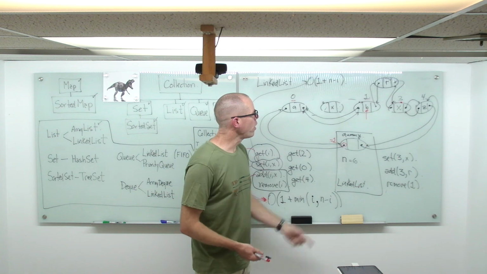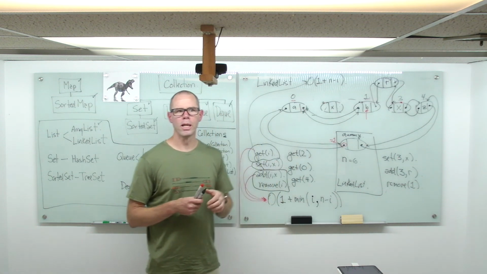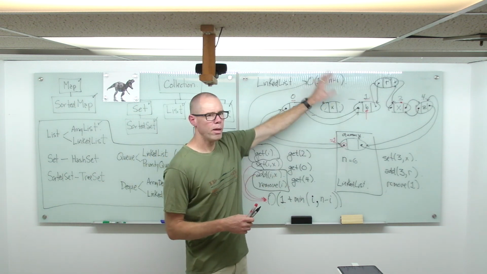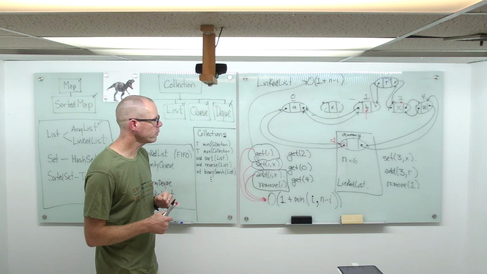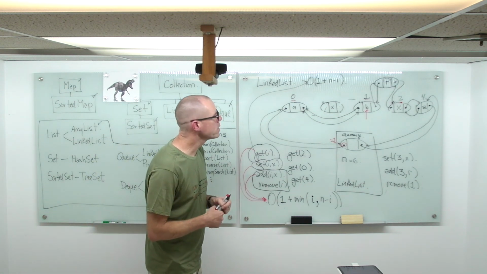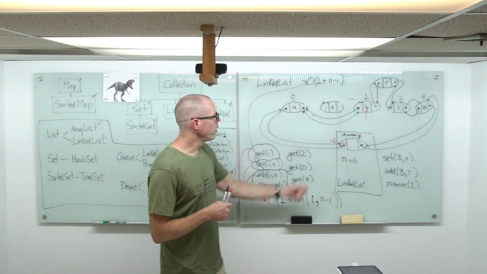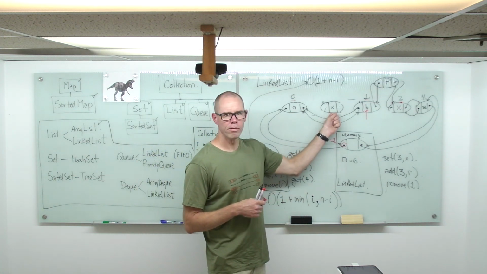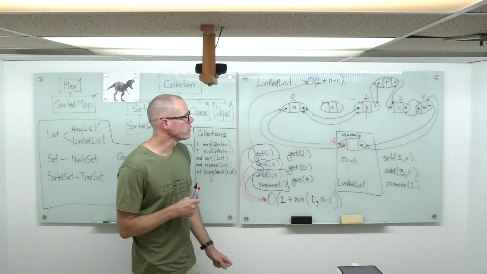Once the function returns, there's no more references to this node. At some point, the Java garbage collector will run and clean up the memory that's associated with this thing. So in a language like C or C++, where you explicitly allocate and deallocate memory, you would call free or delete for getting rid of this node. But in Java, just changing the pointers is sufficient.